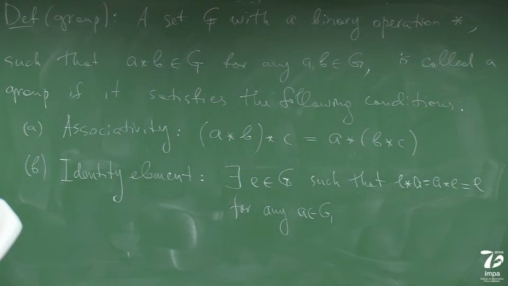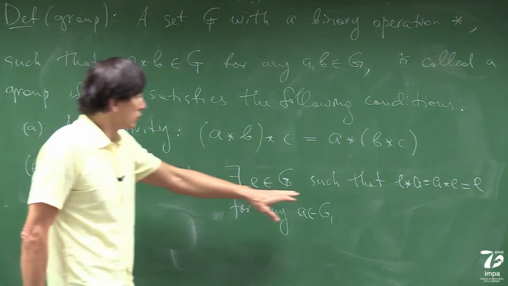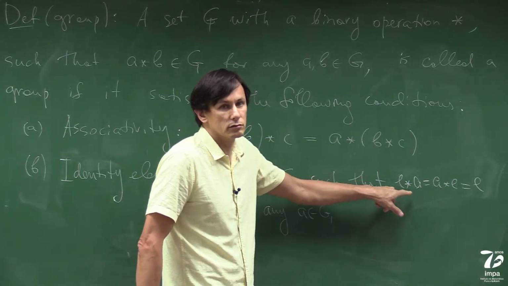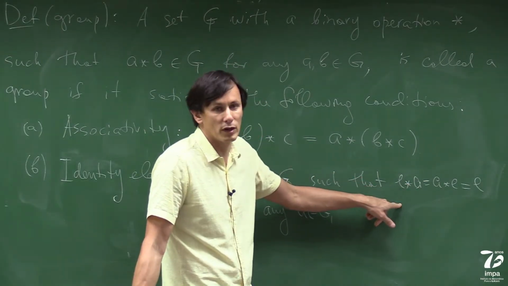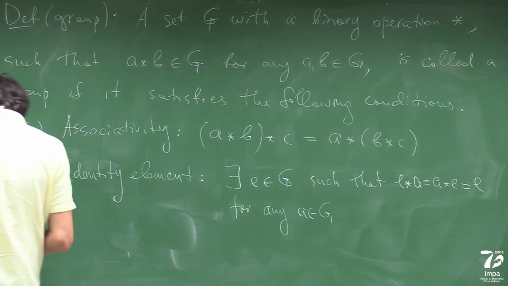So the identity element means that when you add or multiply by this element, you don't change anything. So clearly, if star is addition, E will be 0, and if star is multiplication, E will be 1. Okay.